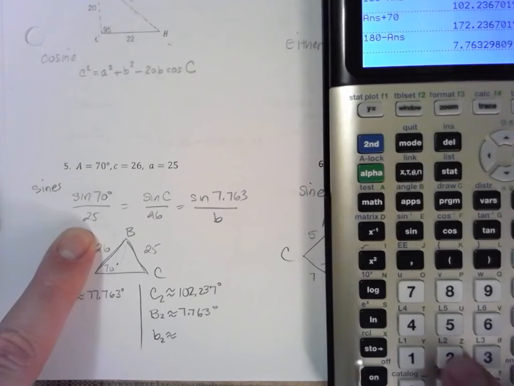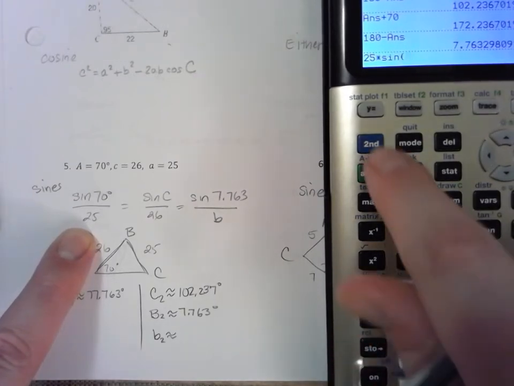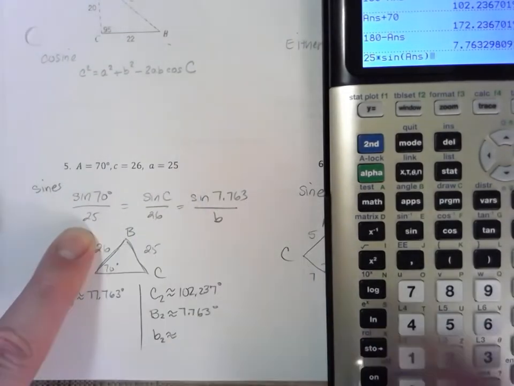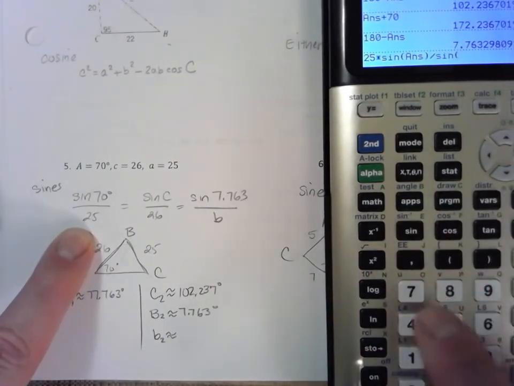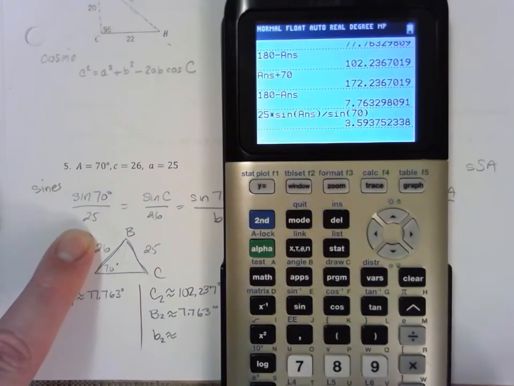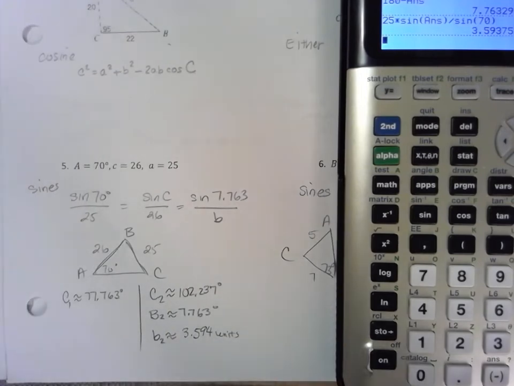So let's do 25 times the sine of this full answer. Then I'm going to divide it by the sine of 70 degrees. And that gives me the second side length of b, which is weird because it's the one I found first. So really, that is the first one by default.